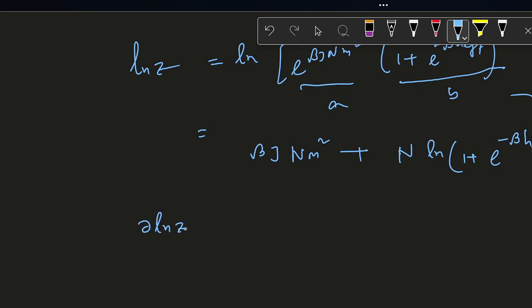Now if you take del ln Z by del h effective, this derivative, the first term is 0.